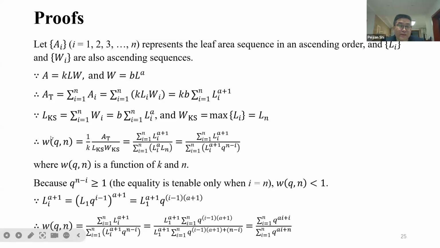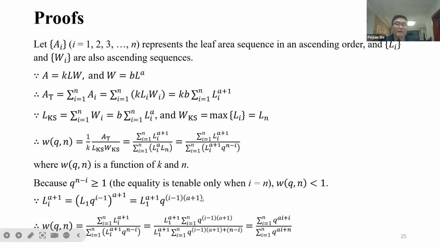We defined W as the function of Q and N. We can get this. Because for an ascending order sequence, the common ratio Q is greater than 1, Q to the power N minus i is also greater than 1. So we can get W(Q,N) is smaller than 1.